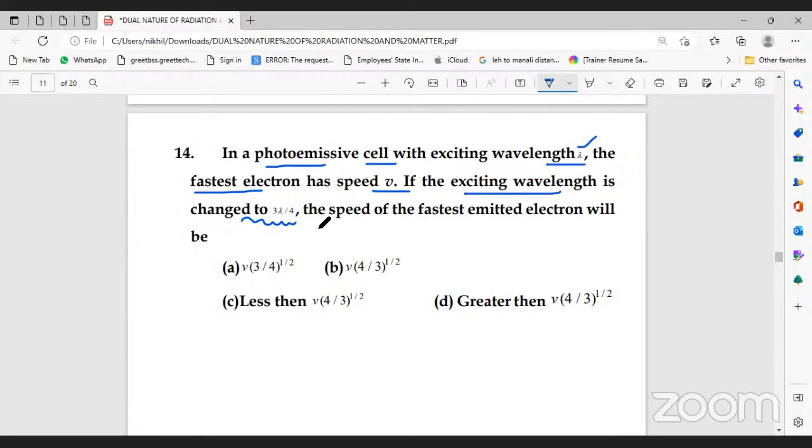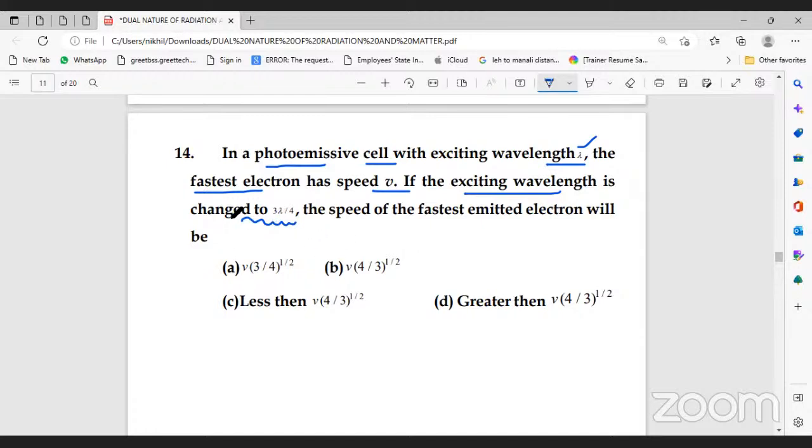3 lambda by 4 means wavelength is decreased or increased? It is 1 lambda. This is 3 by 4 lambda, which means 0.75.